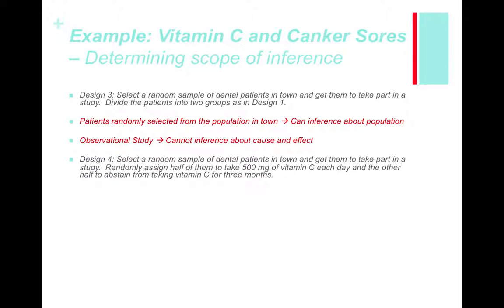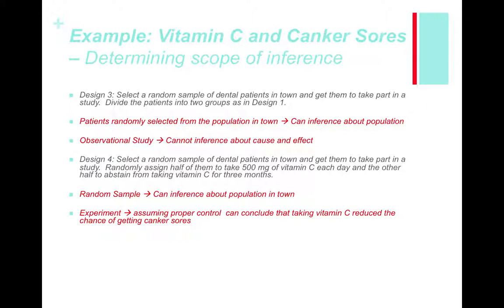Design 4. Select a random sample of dental patients in town and get them to take part in a study. Randomly assign half of them to take 500 milligrams of vitamin C each day and the other half to abstain from taking vitamin C each day. In this last design, as in design 3, random sampling allows her to generalize the results to the population.